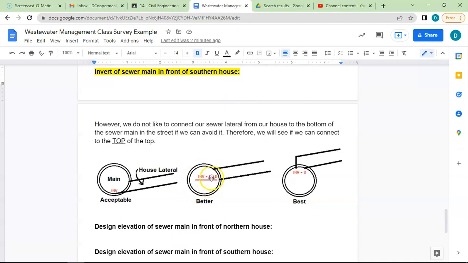I said 0.5. It should have been 0.25. So this is 100.25. And here, if we have a 4-inch pipe, and this was invert elevation 100, this would be 100.33. Let's go back to this one real quick. If it's elevation 100 right here, and it's a 6-inch pipe, then the elevation ending right here would be 100.25.